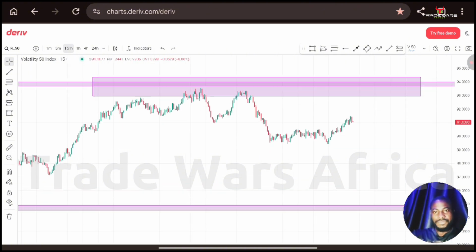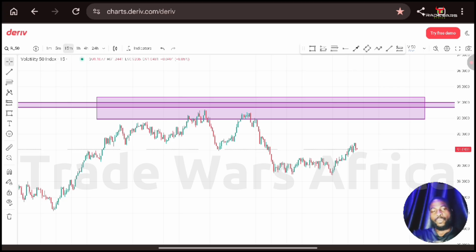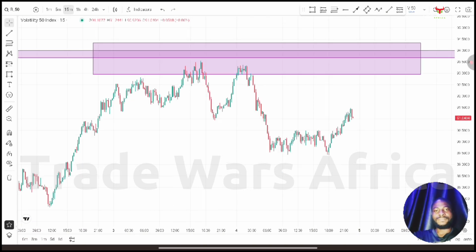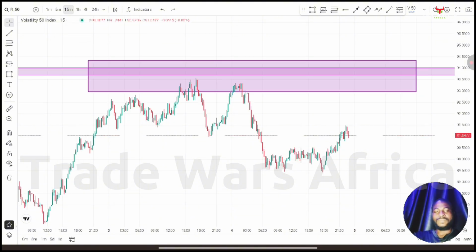What I'm looking out for is either a double top, or a head and shoulder, an M pattern, or a head and shoulder. I'm looking for candlestick patterns on a lower time frame. Candlestick patterns, something like this.